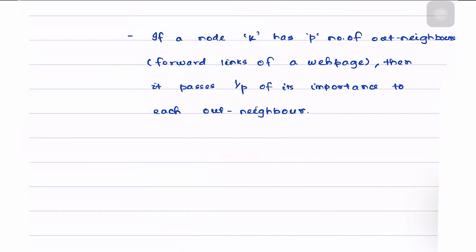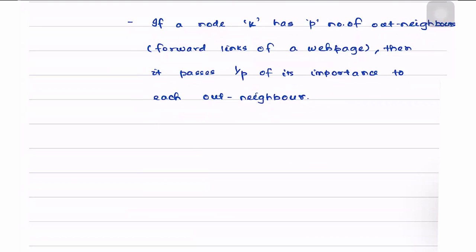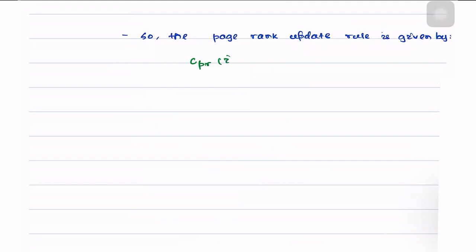How do we implement this logic? We do it in the following manner. So the PageRank update rule is given by: let CPR_i denote the PageRank of the ith web page or the ith node in the graph.